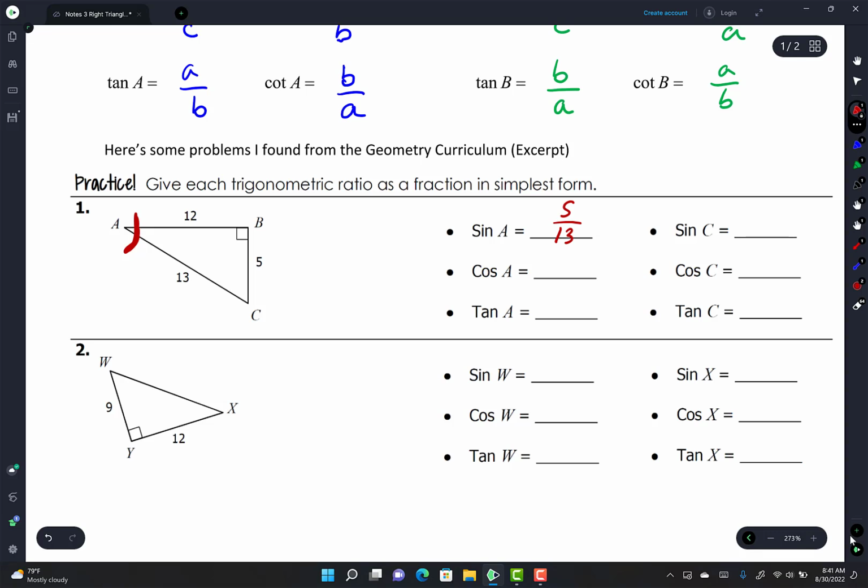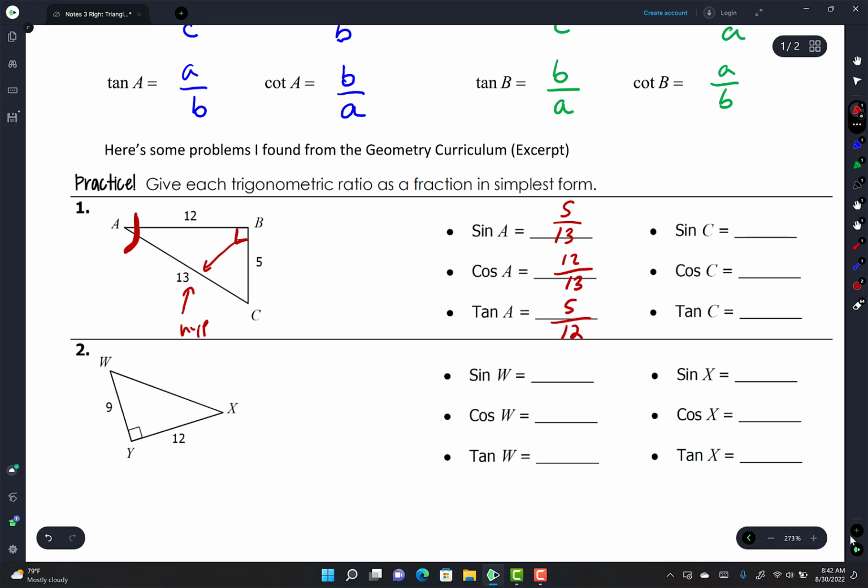Perfect. The hypotenuse is always the longest side of a right triangle, guys. Or wherever this aims at, that's always your hypotenuse. HYP. Okay, cosine of A. Cosine of A is 12 over 13. Tangent of A. 5 over 12. There it is.